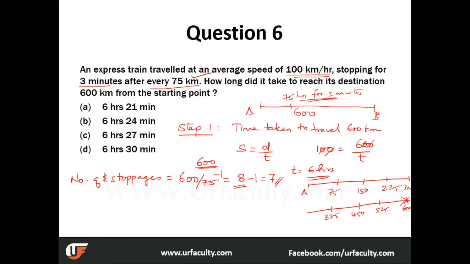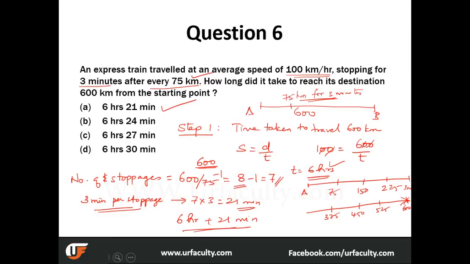And what are they saying? They stop for 3 minutes per stoppage, right? So what is the time spent in the case of if it is 3 minutes? 7 into 3, which is equal to 21 minutes on stoppages. We already know that is 6 hours to travel and 21 minutes for stoppage. So 6 hours plus 21 minutes is equal to 6 hours 21 minutes.